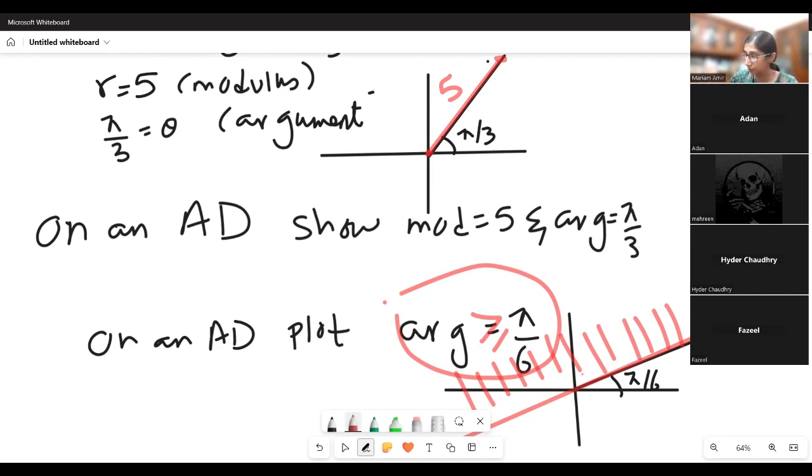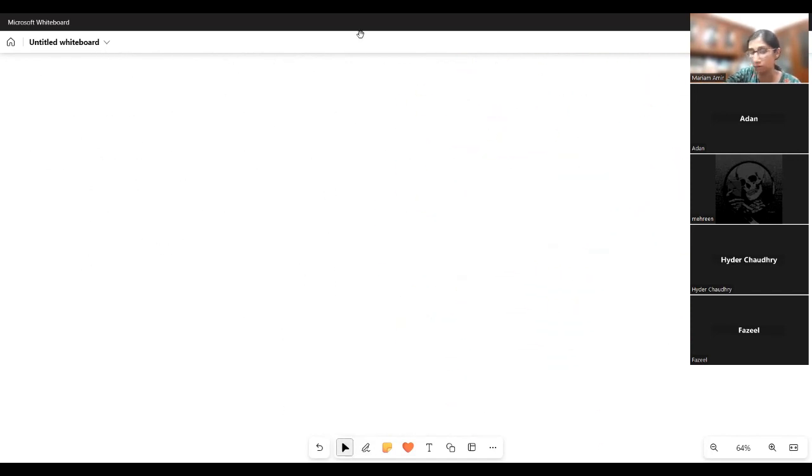Also, again, you'll see cases like this. Plot, sketch or plot on an Argand diagram. Argument means angle.